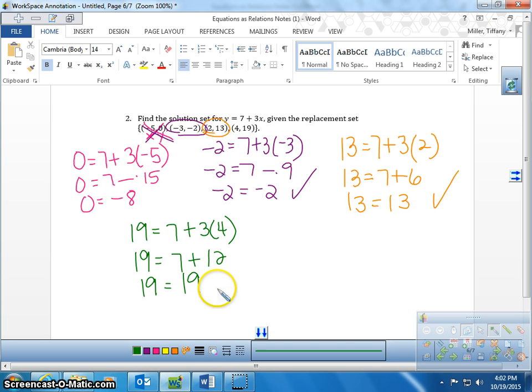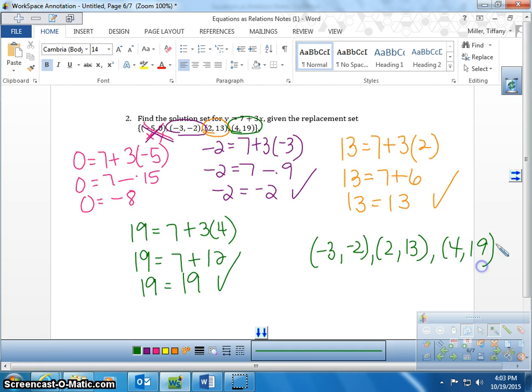Does 19 equal 19? Yes. So (4, 19) is also a solution. So my solution set for this equation from the replacement set is (-3, -2), (2, 13), and (4, 19). This would be my answer.